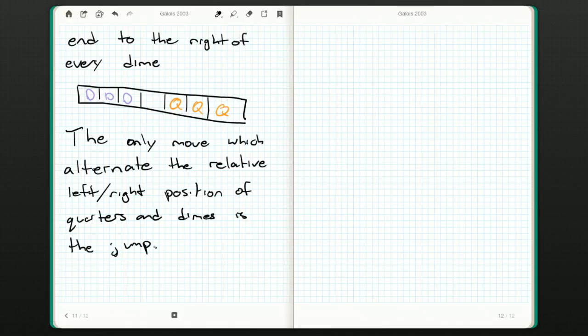So the only move that allows us to change whether or not a quarter is on the left or the right of a dime is when we do the jump.